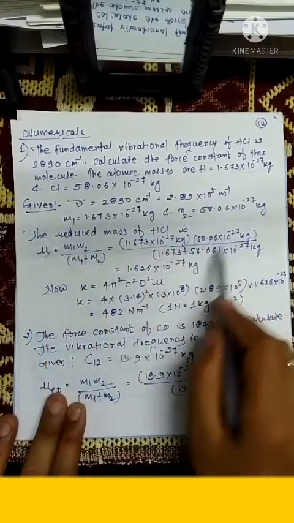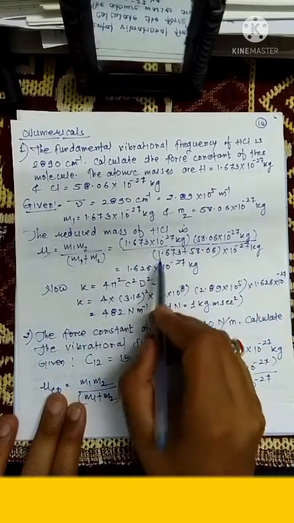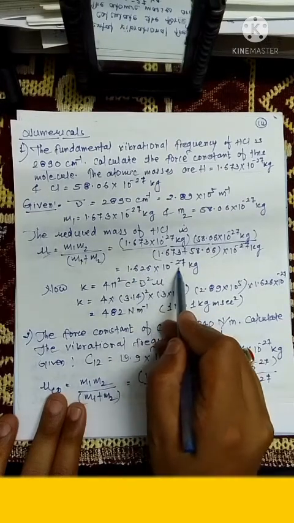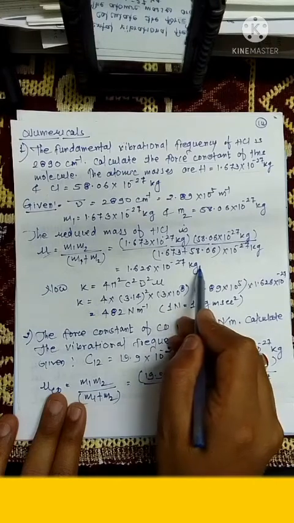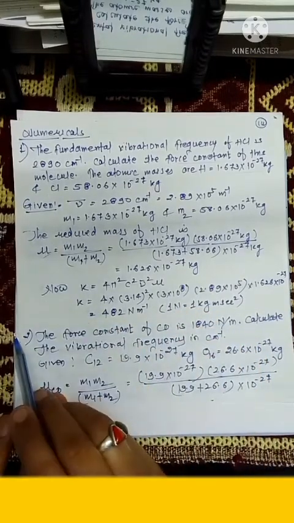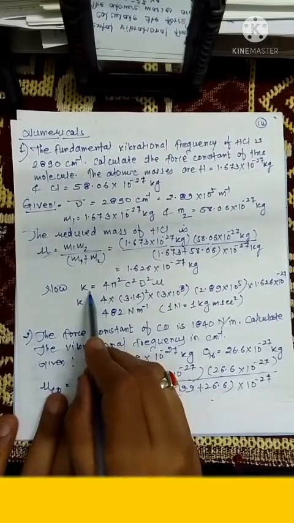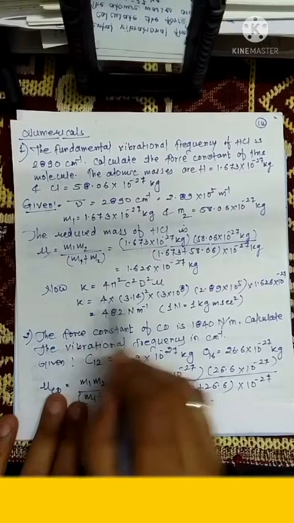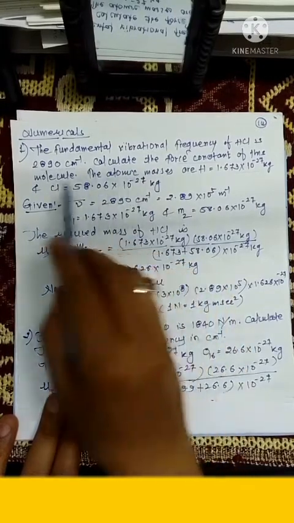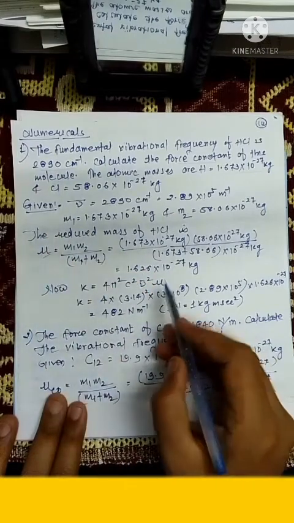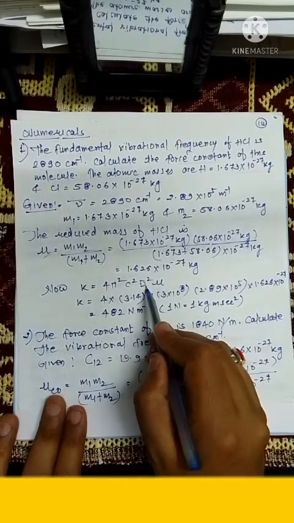So put all the values. We come with 1.626 into 10 raised to the power minus 27 kg. This is the value of reduced mass. So now calculate force constant K. Since frequency is given in centimeter inverse, we can use this formula.